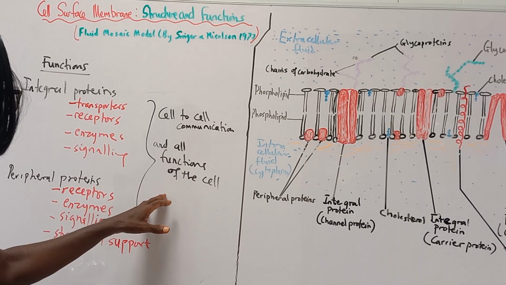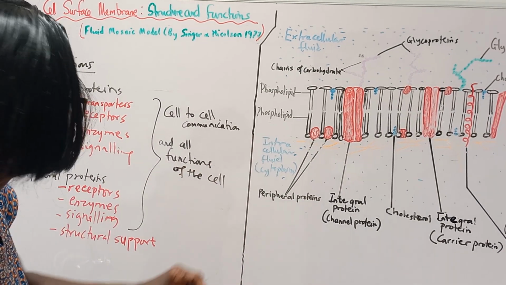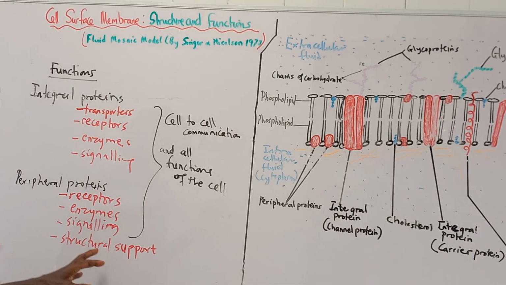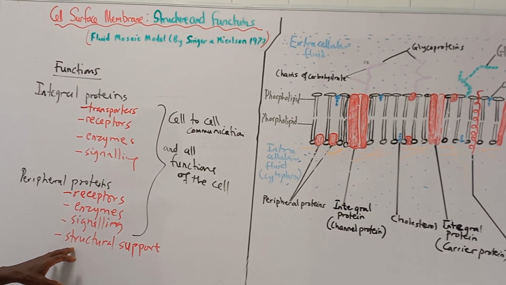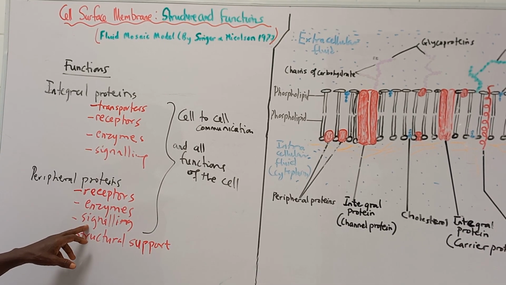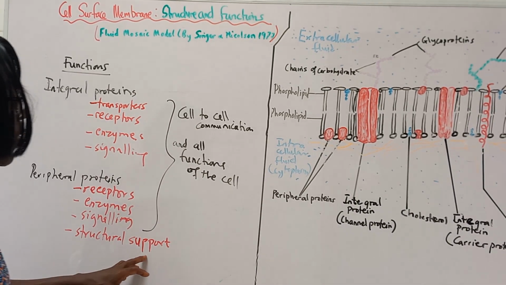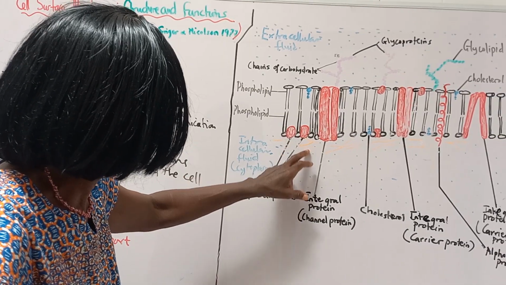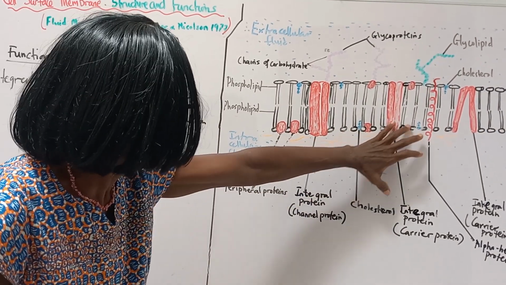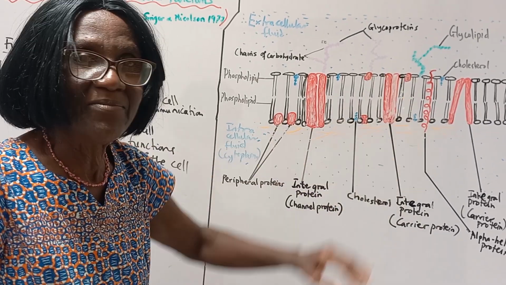But the peripheral proteins, you can have globular proteins that do a little bit of transport. But then these are their functions: receptors, enzymes, signaling, and then structural support, because the peripheral proteins link up with cytoskeleton to firm up the cell and the membrane.